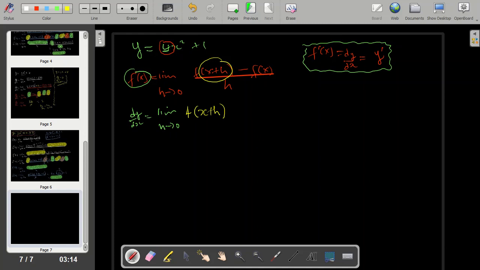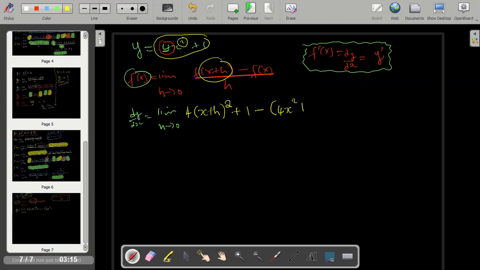We check the degree of this term, so since it's squared, we also square there. Then plus 1, then minus the whole function we were given, open bracket 4x squared plus 1, everything divided by h.